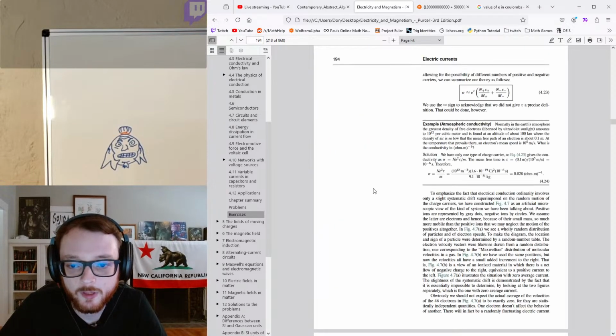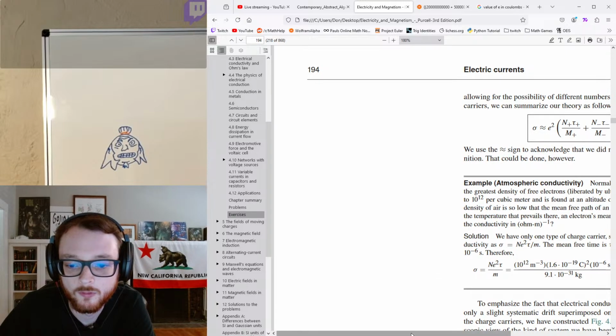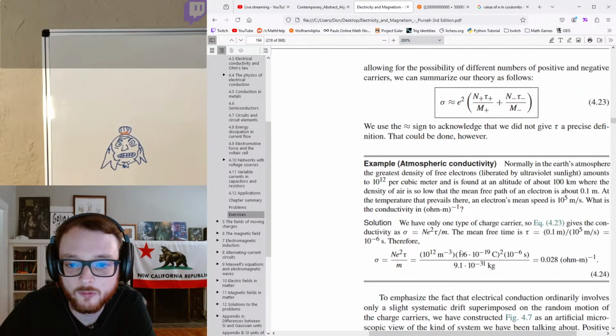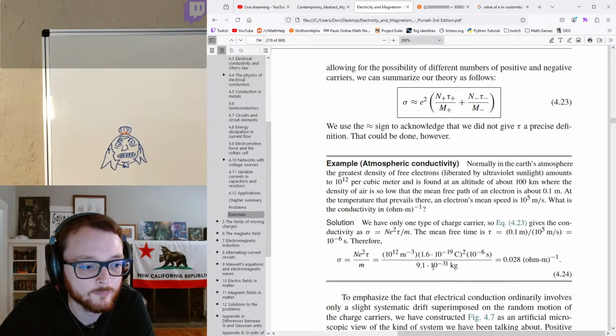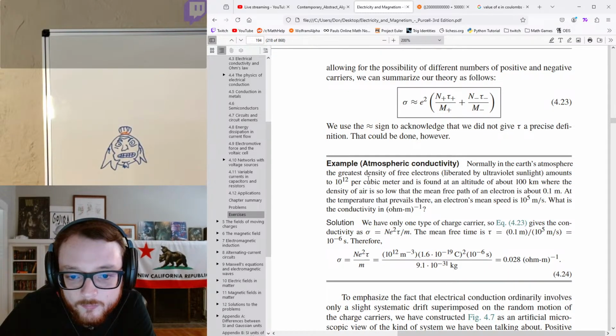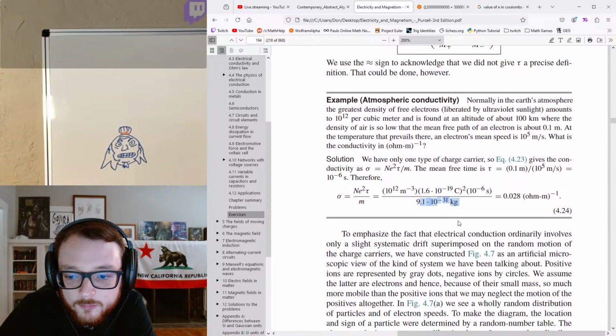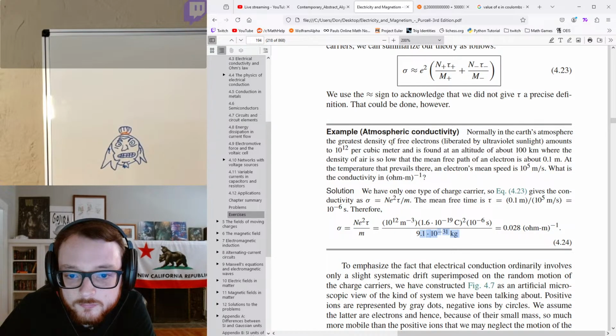What are you supposed to use for M? M plus and M minus. What is that number in there? Is that the mass of an electron?